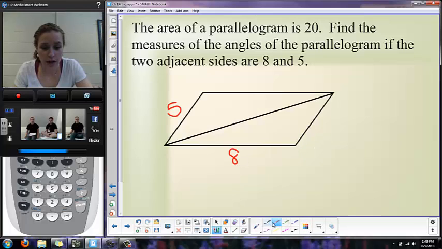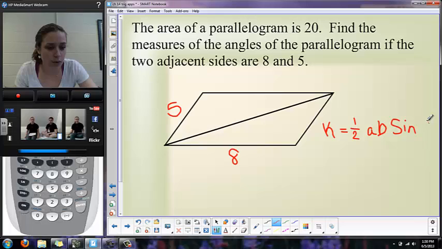The reason why this is in this section is because the area of a triangle is 1/2 AB sine C. So if we want to find the area of a parallelogram, which is essentially two triangles put together, we're pretty much taking this equation, area of a triangle, and multiplying it by 2.